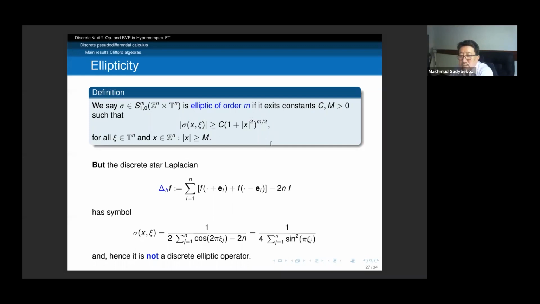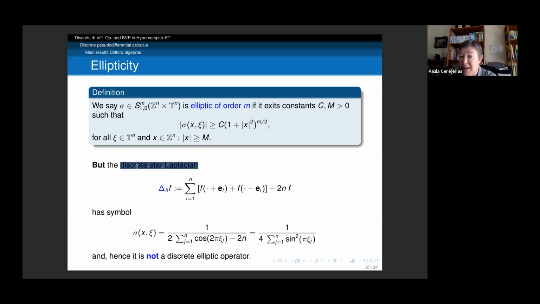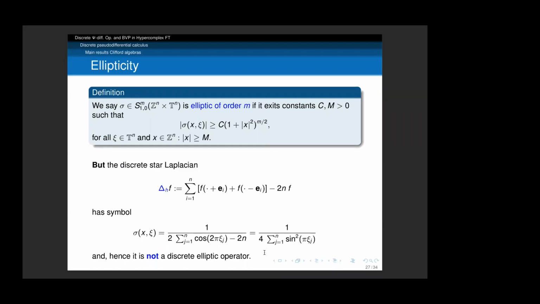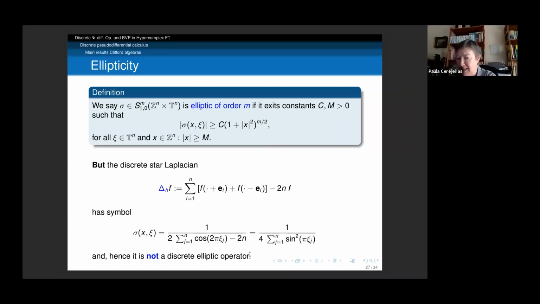But if you look at this, then you have an obvious consequence: the continuous Laplacian is an elliptic operator, but the discrete star Laplacian can no longer be a discrete elliptic operator, since there is no way you can control it. It can be larger than this. You can make it as small as you like.